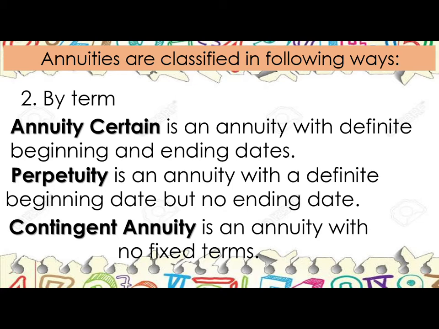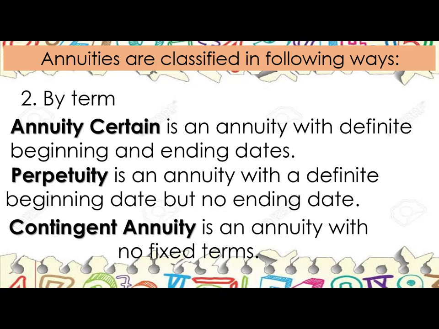So if you have a beginning date and an ending date, then that must be considered an annuity certain. For instance, on Marine's grade school graduation, Mr. Billiam Moore enrolled her in the college educational plan, or CEP. He pays 2,100 at the end of each 3 months for 5 years.